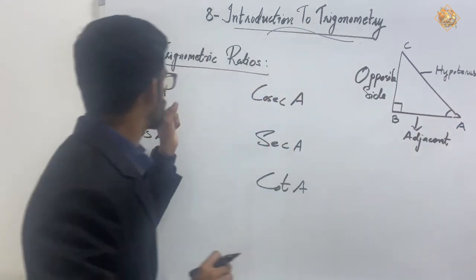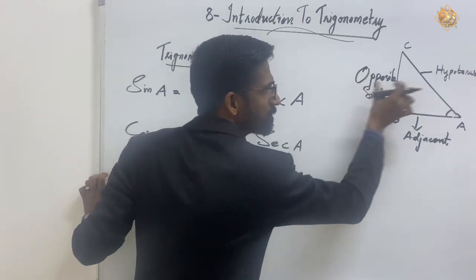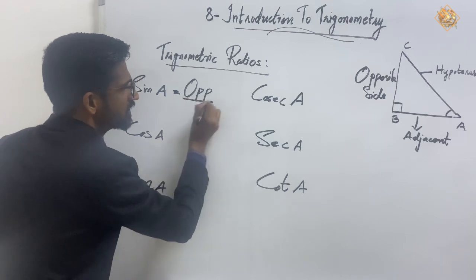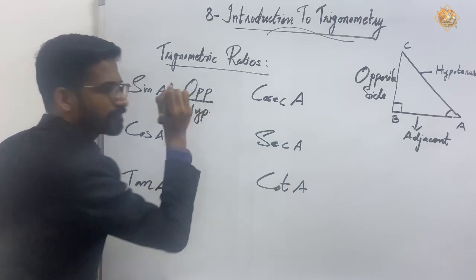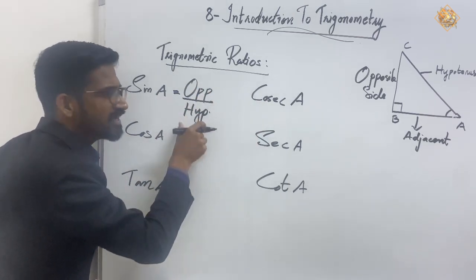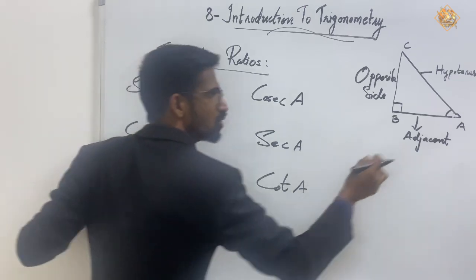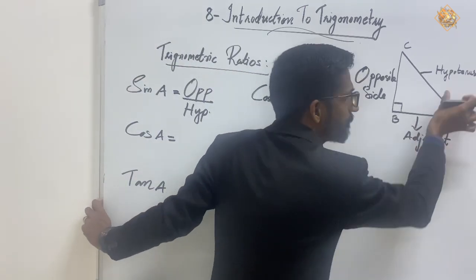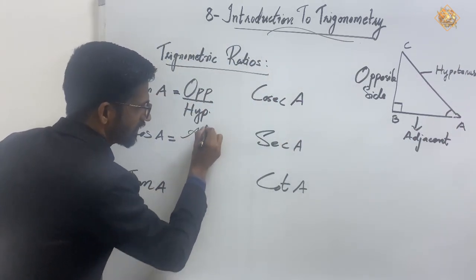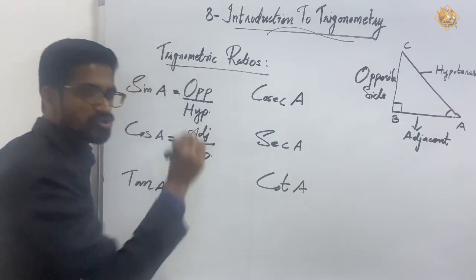So the definition of sine A is opposite side by hypotenuse. Now the definition for cos A: adjacent side by hypotenuse.